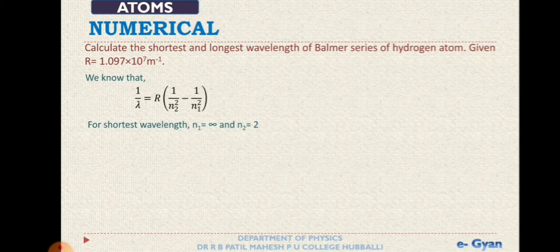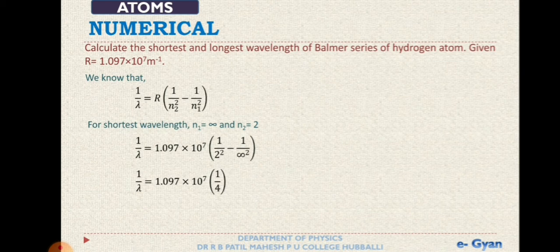For shortest wavelength, the transition must be from infinity to second energy level. So for Bohr's series, n1 is infinity and n2 is 2. So therefore, 1 upon lambda is equal to 1.097 into 10 to the power of 7 into 1 upon 2 square minus 1 upon infinity square.